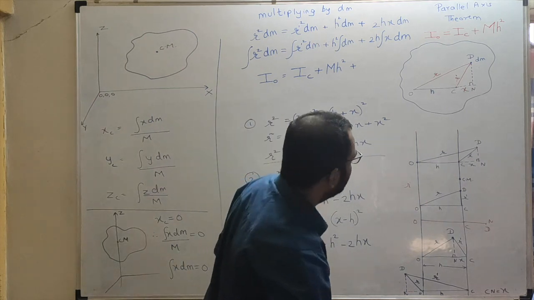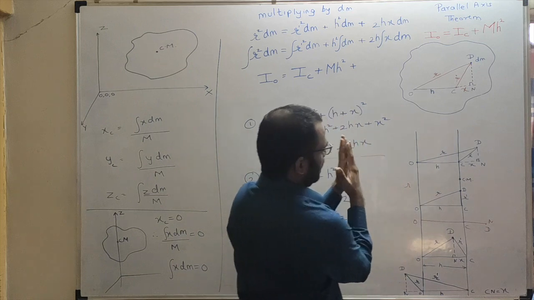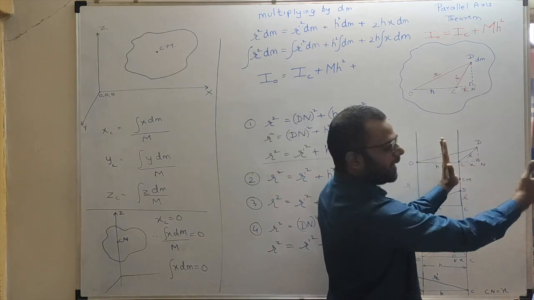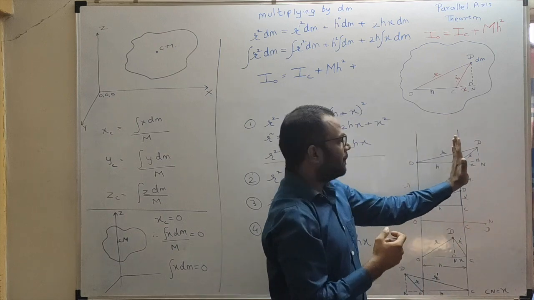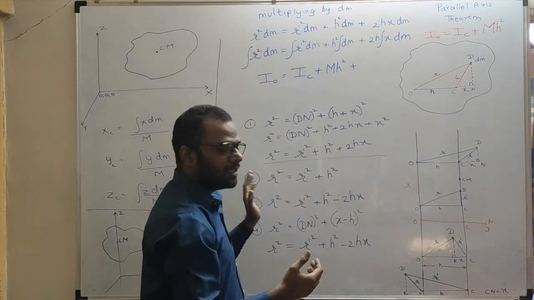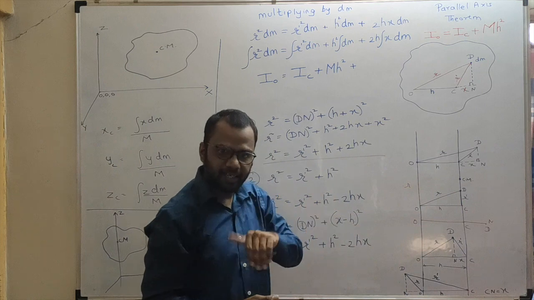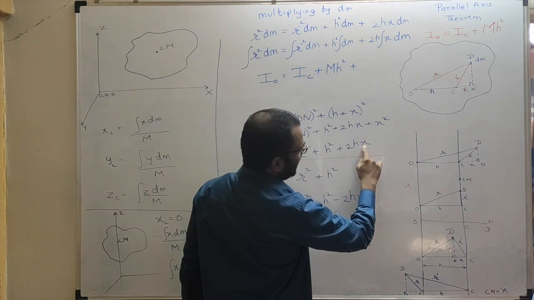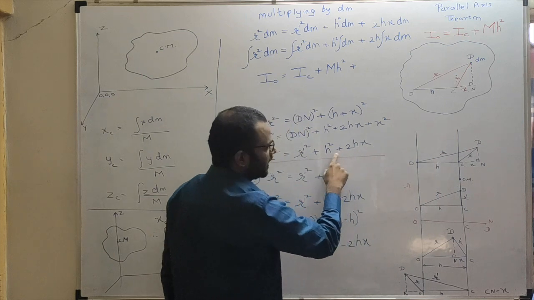Or you can see that for the particles towards the right hand side of this axis, X is taken as positive. For the particles towards the left hand side of the axis, X is taken as negative. So if X is on the right hand side, it will be positive, and this will be the relation.